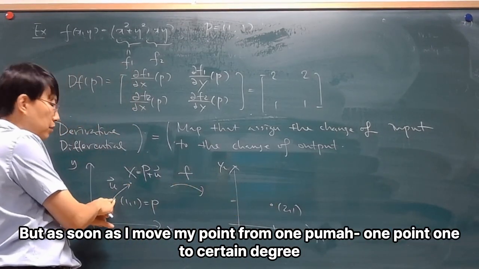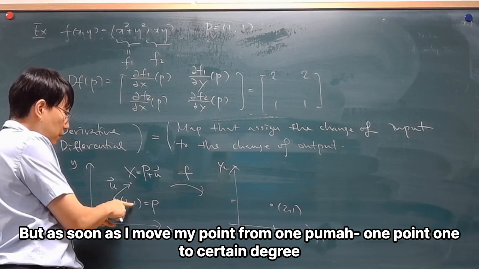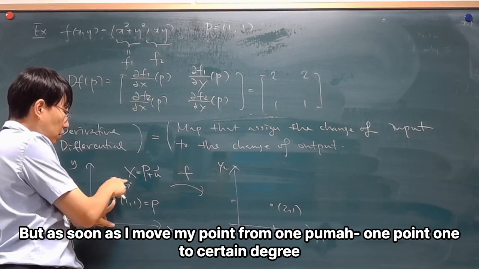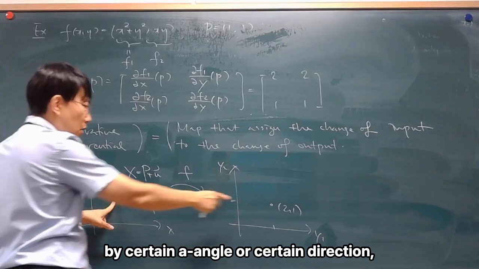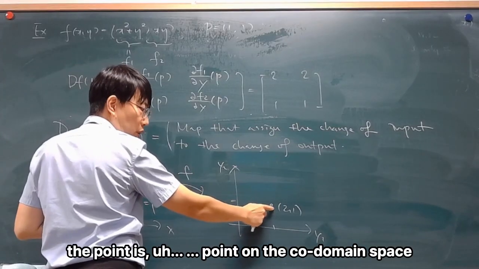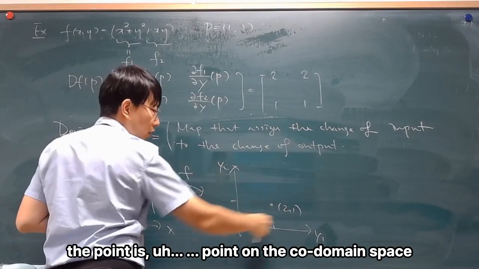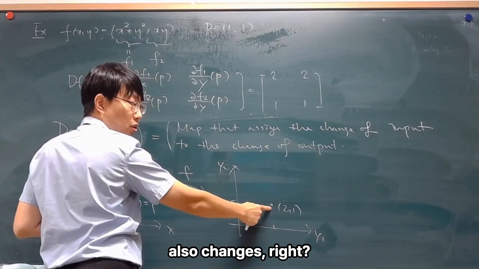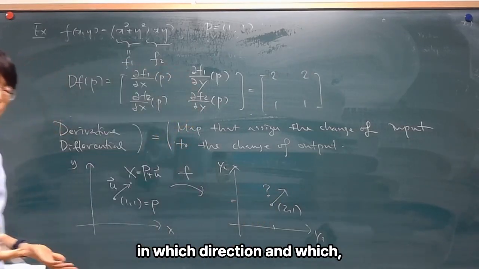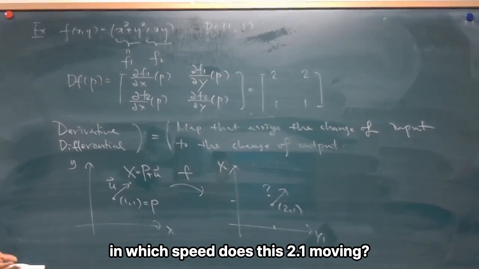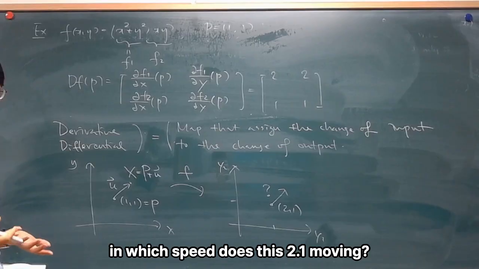But as soon as I move my point from (1, 1) in a certain direction, the value of the function, the point in the codomain space, also changes. I want to know approximately in which direction and at which speed this (2, 1) is moving.